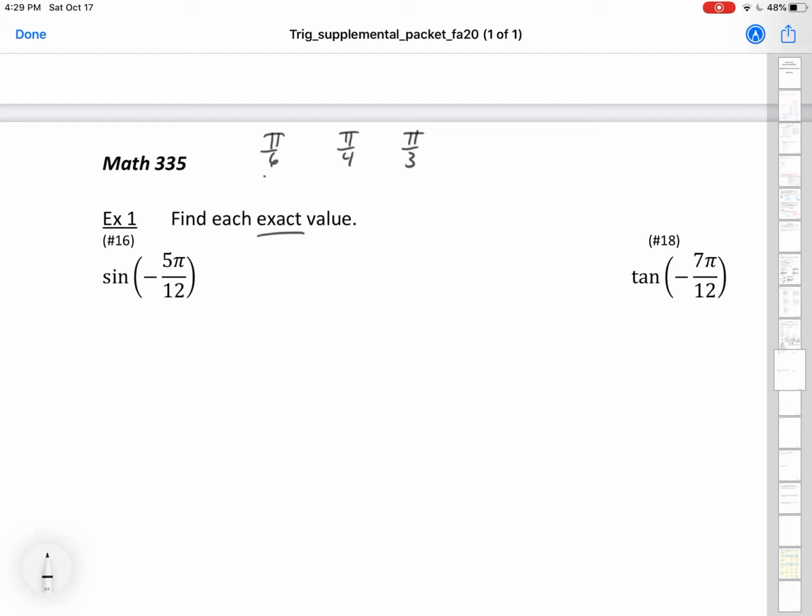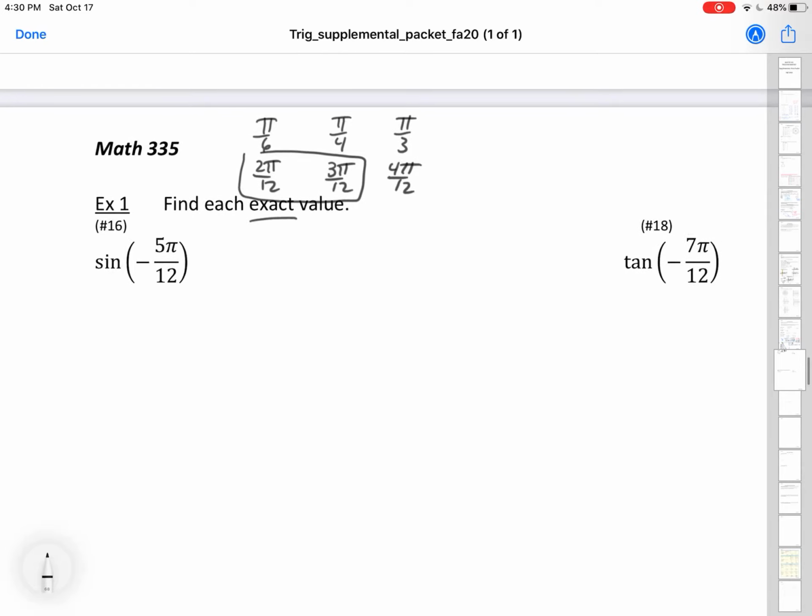So remember what pi over 6 is. It's 2 pi over 12. This would be 3 pi over 12, and this would be 4 pi over 12. Is there any way to get to 5 pi over 12? Yeah, these two added together would give us 5 pi over 12, except I want negative 5 pi over 12. Well, what if we did this?